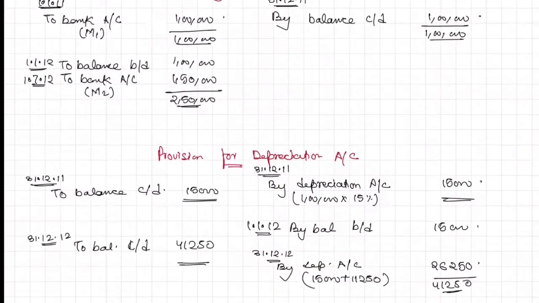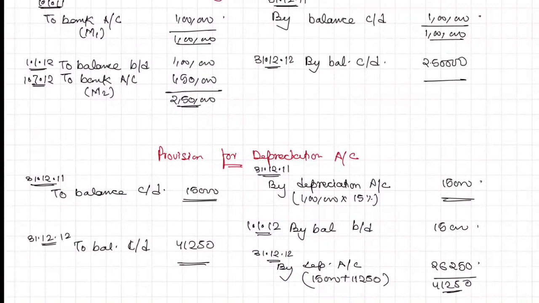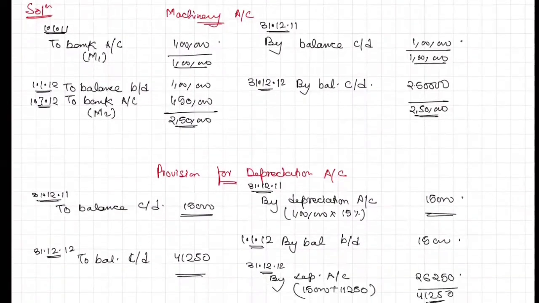Okay. Now, so what we have to do is a closing entry here as well. 31st 12 12 by balance CD 2,50,000, and it will close at 2,50,000. Okay.